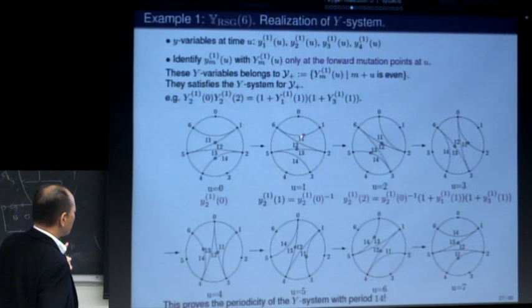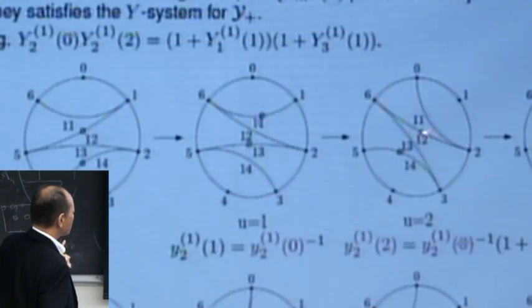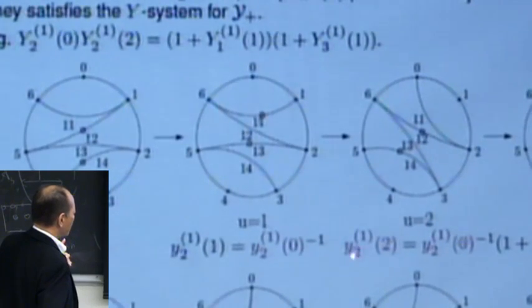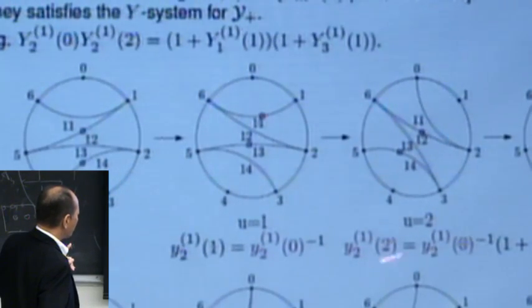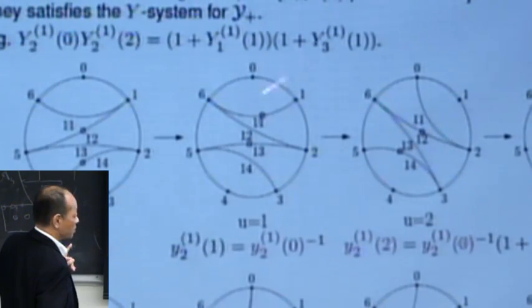But now we make a mutation for this one, which is adjacent to this one. So this gives you the following contribution to this y12. And this y12 becomes a forward mutation point again. So we have an identification with the y variable. If you change this y to Y, then you obtain this.